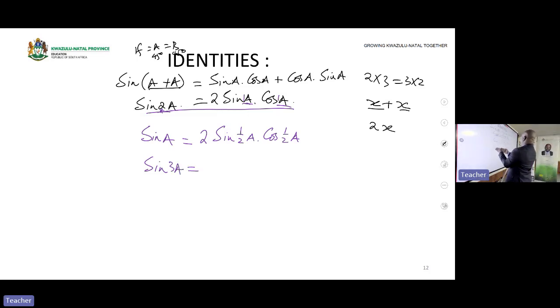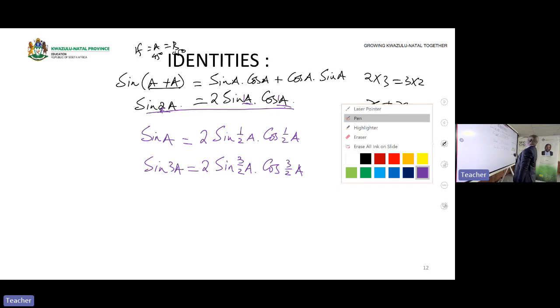It can be expressed as a double angle identity, which will be 2 sine of 3 over 2 A times cos of 3 over 2 A. So please take note of the pattern of the angles. It is very important that you understand the pattern.